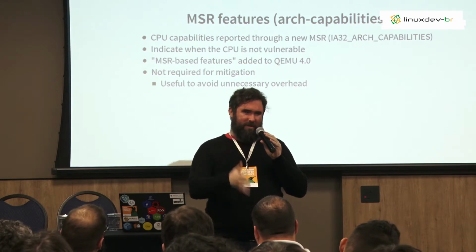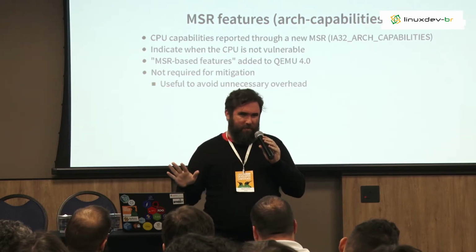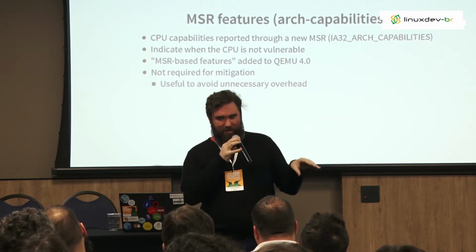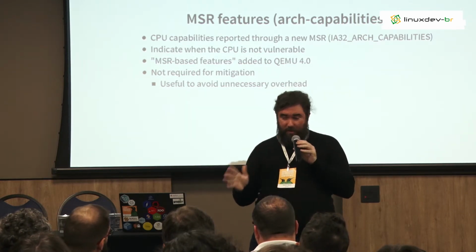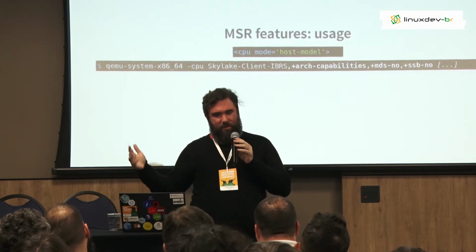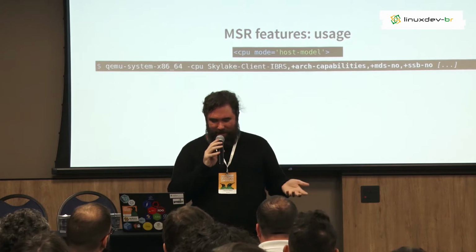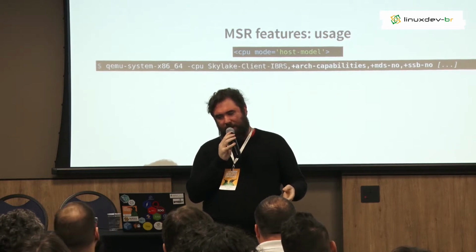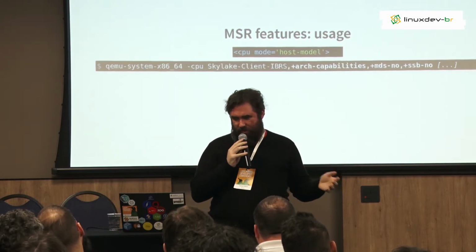So what if you tell the guest, okay, you're not vulnerable, don't worry, and then you live migrate your VM to a CPU that's vulnerable? So you need to be very, very careful. That's why we don't enable it by default. But this makes things more complex because, just like the rest, you need to enable Arch Capabilities bits manually on the QEMU command line, or you need to use host model.